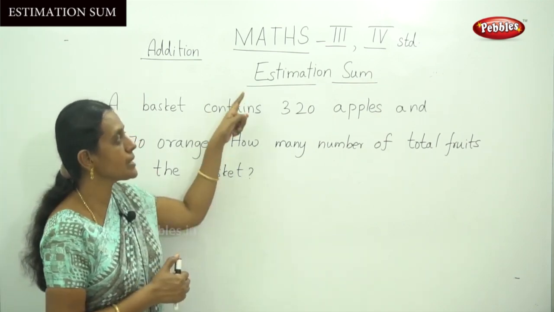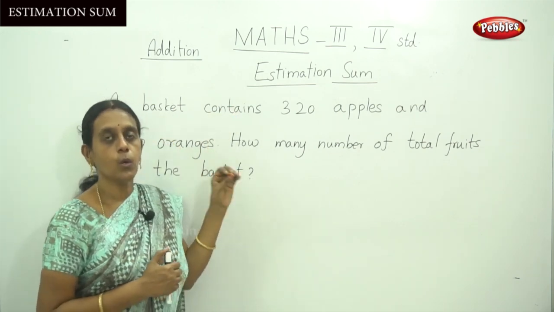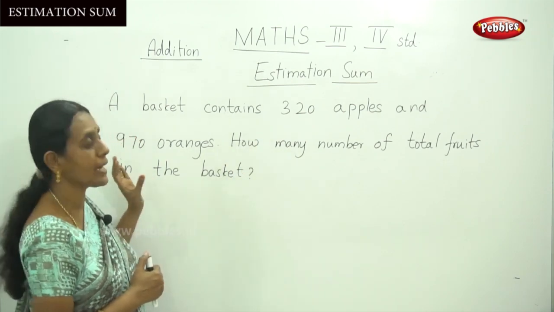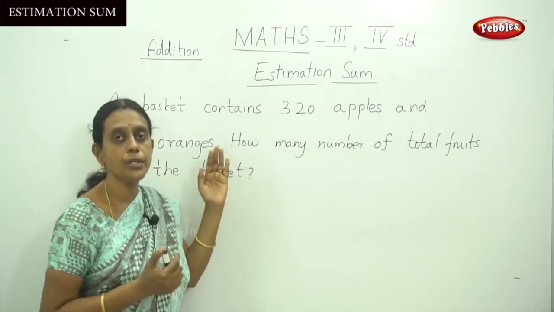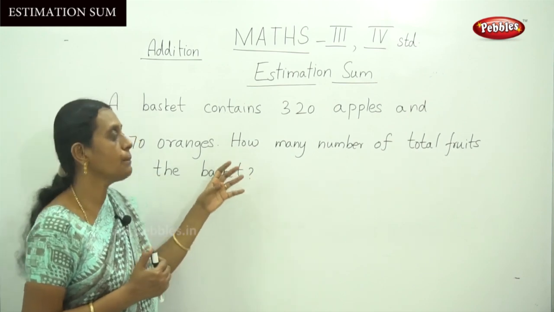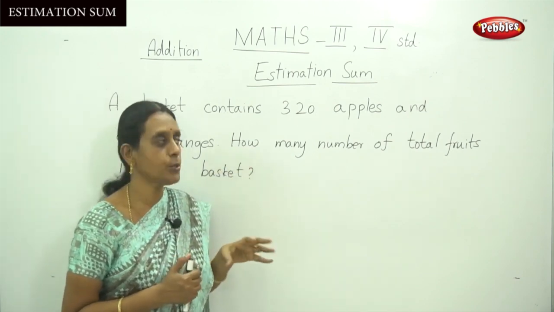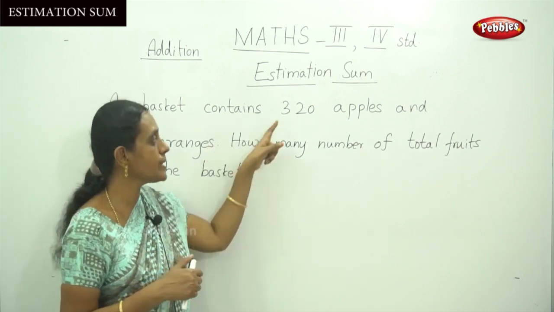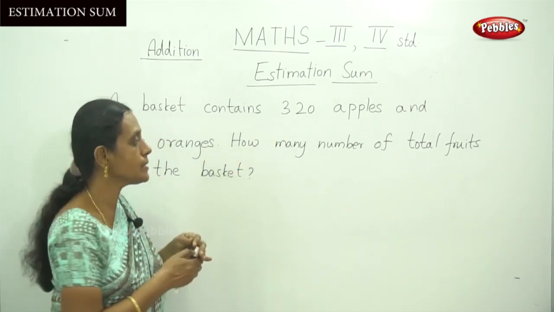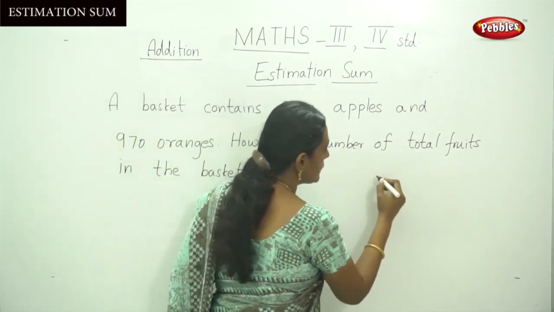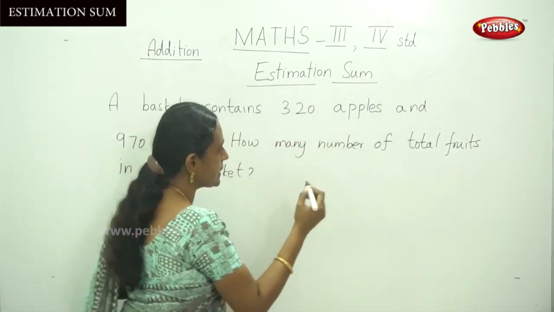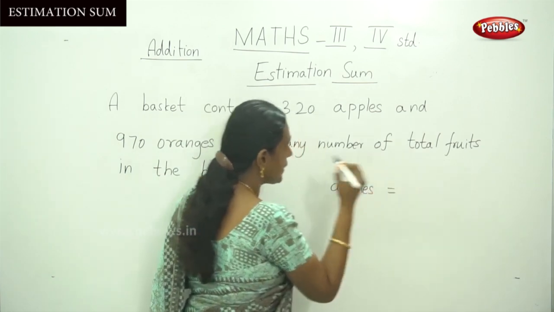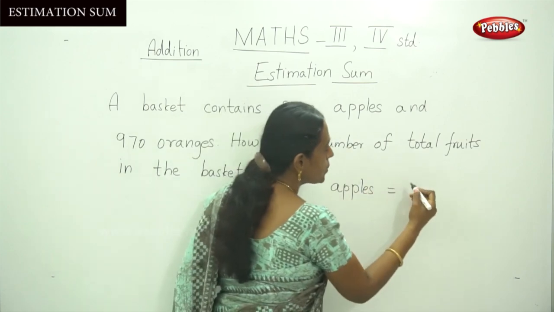So, what is meant by estimation sum? You do not add the real numbers. That is, you should not add 320 and 970. First, you have to round off the numbers, that is, approximate or estimate the number. How to do this? For 320, the number of apples, you have to round off.